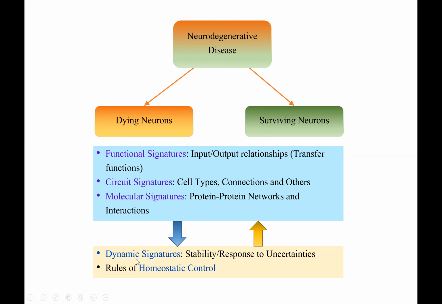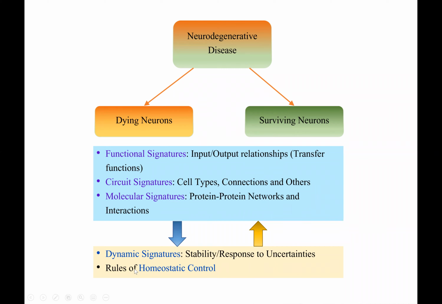And the goal for studying the dynamics is to discover the dynamic signatures pertaining to the stability properties of these cells, circuits, and so on, as well as their response to uncertainties. And disease as such itself could present uncertain situations for these cells, and studying those responses would help us understand the disease better.